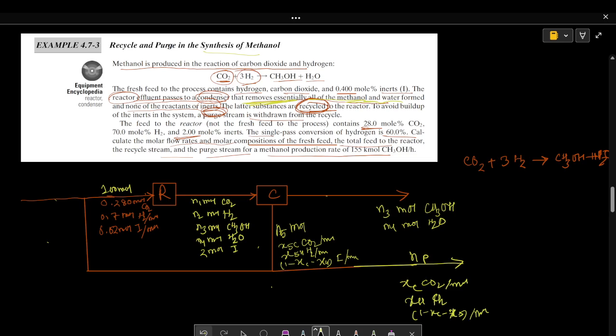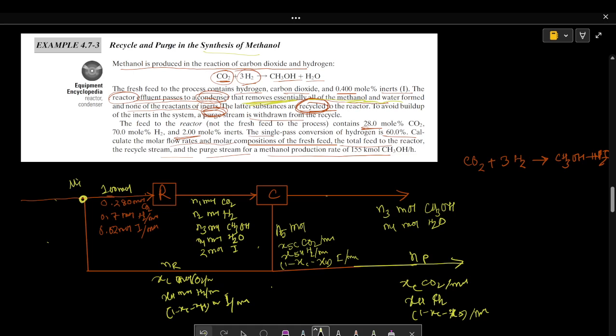And the recycle stream will be nr. Assume that the composition is also the same: xc mole carbon dioxide per mole, xh mole hydrogen per mole, and 1 minus xc minus xh mole inert per mole, which is also combined into this point.